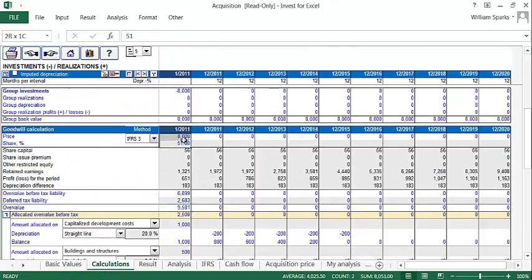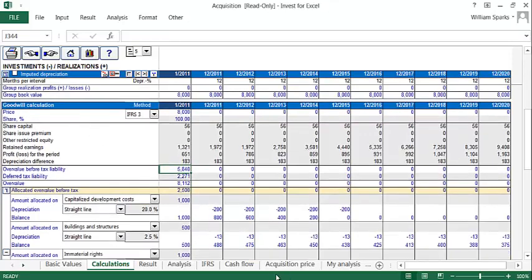So you have to take your own percentage into account separately because we always value the whole company. No matter how small a share you buy of it, you value the whole company. Yeah, exactly.